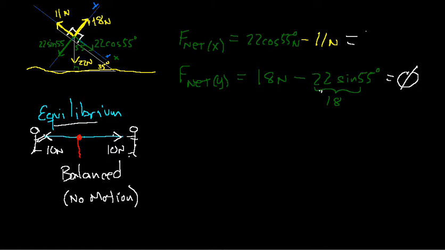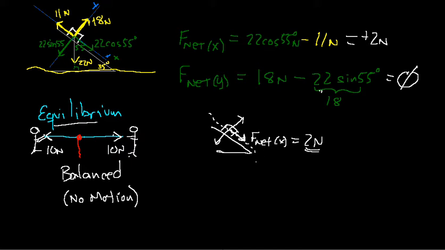This whole thing is going to come out to be plus 2 newtons, which means that our box, that was once sitting over here, has balanced forces in this direction, so there's no motion in this direction. However, in this direction, we've got a total net force, so our net force in the x direction is equal to 2 newtons.